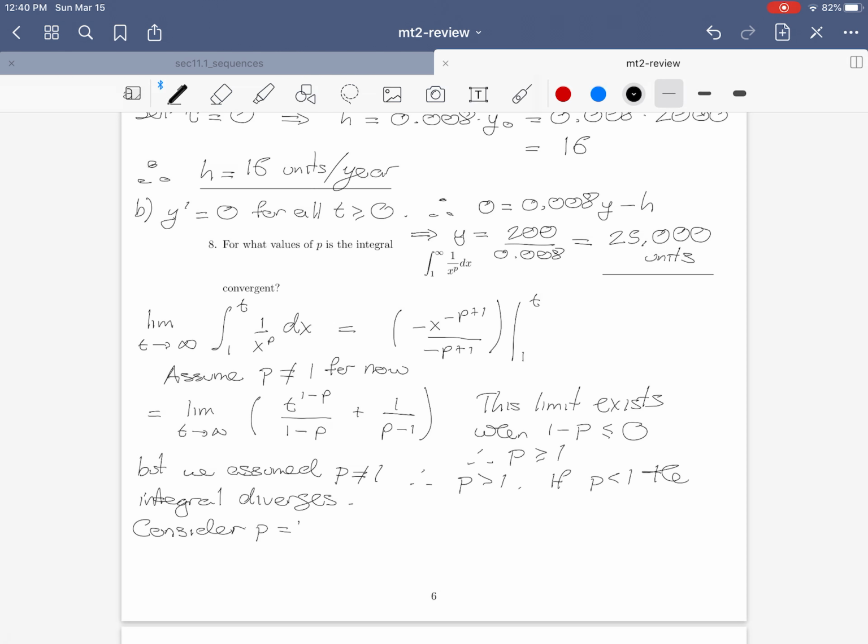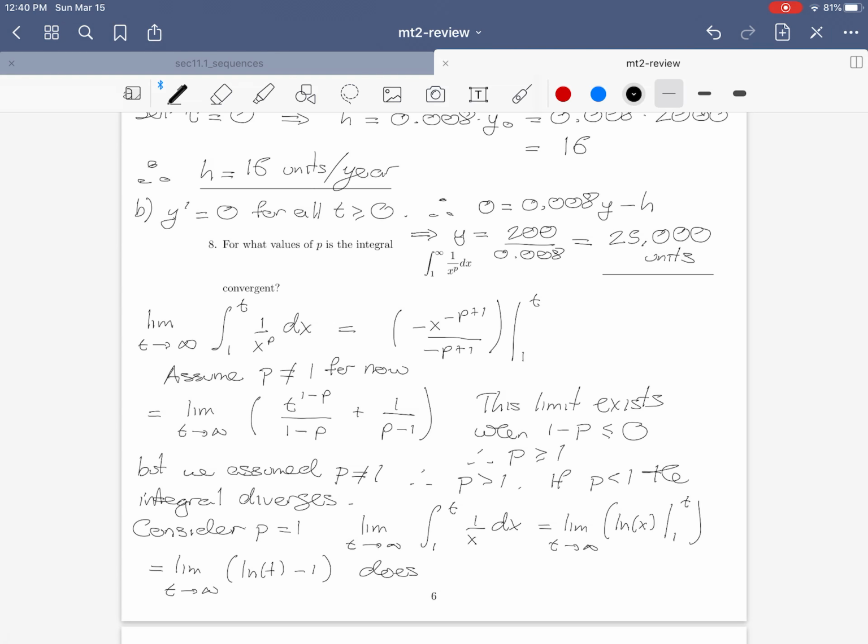So then we have the limit as t tends to infinity of the integral from 1 to t of 1 over x dx. This is the limit as t tends to infinity of ln x evaluated at 1 and t. This is the limit as t tends to infinity of ln t minus 1.